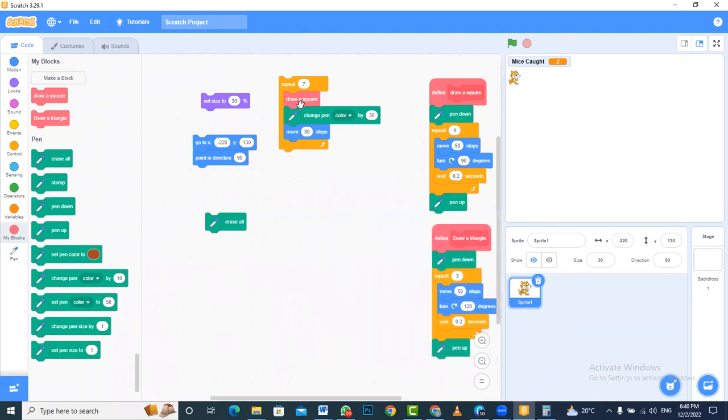And now let's make our code more interesting. We would say duplicate this and instead of drawing a square, draw a triangle and attach it with the previous block, just like that. So now this is a shape that you are going to get.